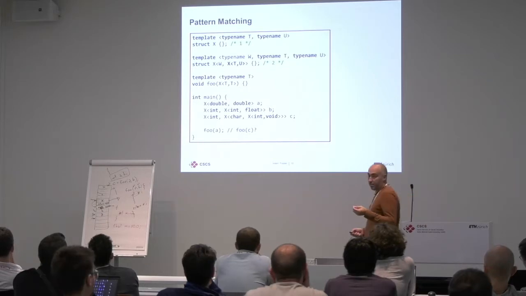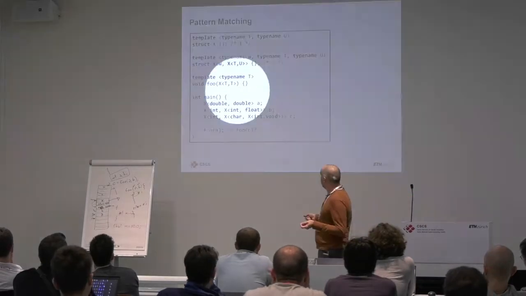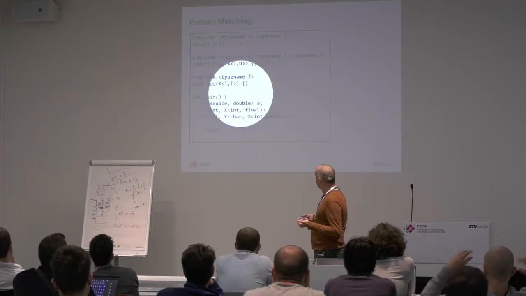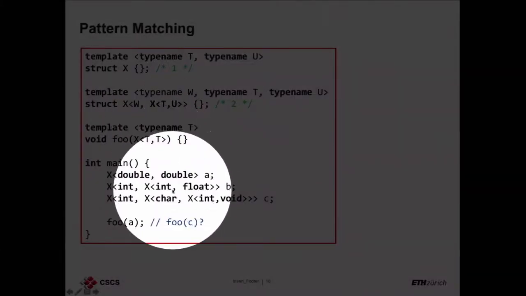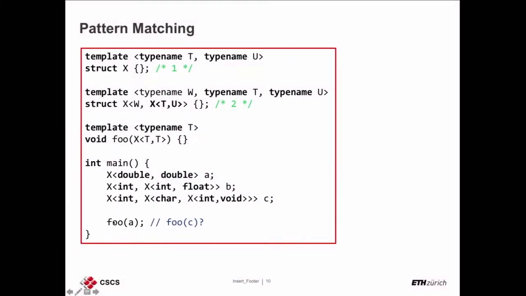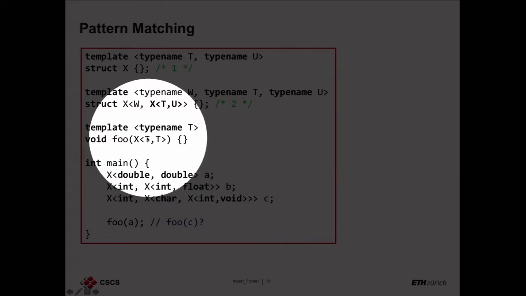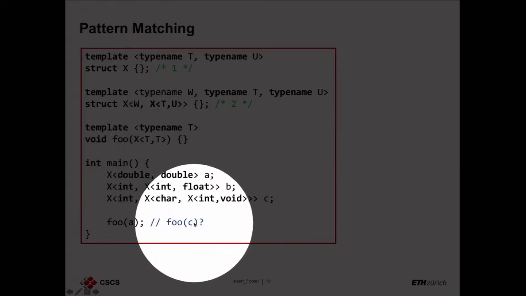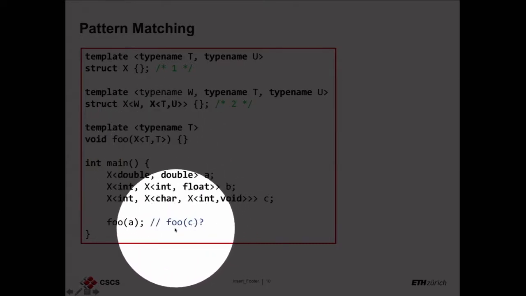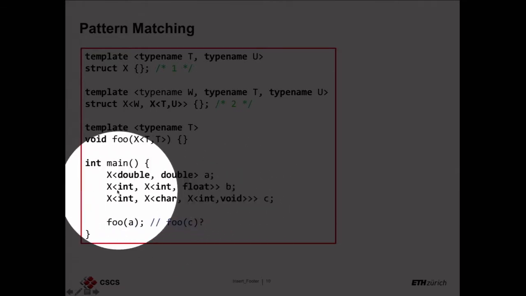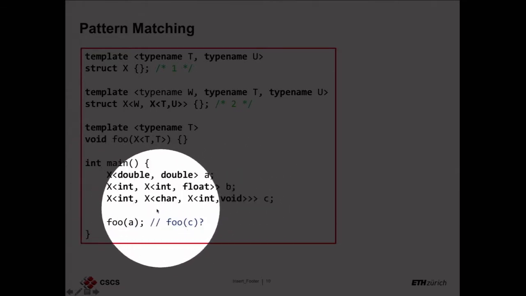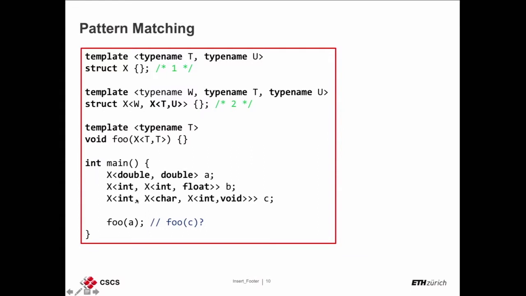It does still pattern matching. Since A is X of double, double, so it's X<T,T>. Well, T is the same T, repeated twice. So in this case, foo of A calls this function, instantiates X of double, double. But if I were to do foo of C, where C is this strange thing here, where the 2 types are not the same, this will give me a compile error.